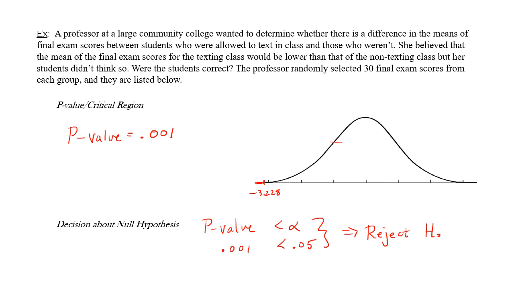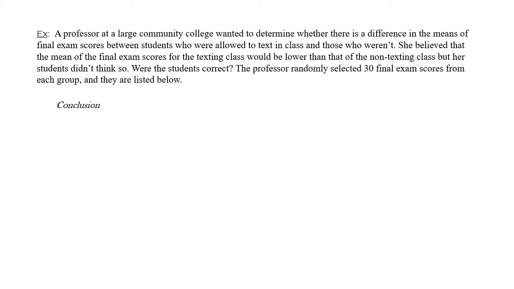And so what does that tell us now? Well, the conclusion that we can draw is that because the alternative hypothesis was that mu1 is less than mu2, and we were able to reject the null hypothesis, well then we essentially have enough evidence to support the claim that the non-texting class had a better overall average than the class that was allowed to text.